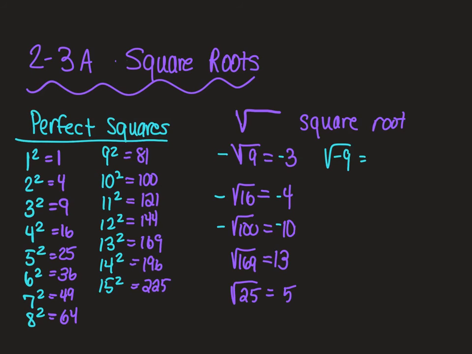The book uses words like no real answer, no real root. You can just say anything. No answer, not possible, can't do it, no number. There's nothing that makes it, because if you had 3 times 3, that's going to equal positive 9. And if you had negative 3 and a negative 3, that's going to still equal positive 9. There's no way for these two to match and to be negative.